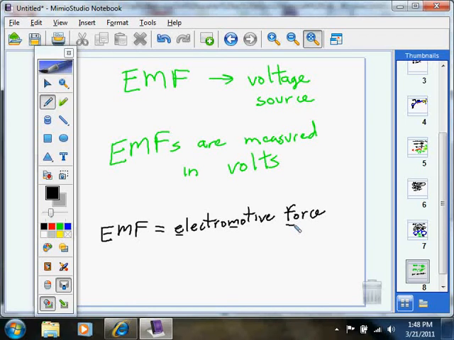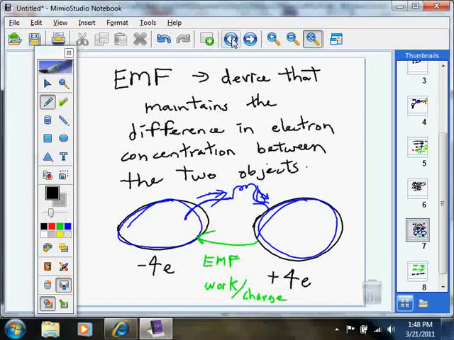And if you see that word force, you think, oh, it must be measured in newtons. But it's not. The electromotive force is what's used to put those electrons back on that negative terminal so that they naturally want to flow through the light bulb going back that way.